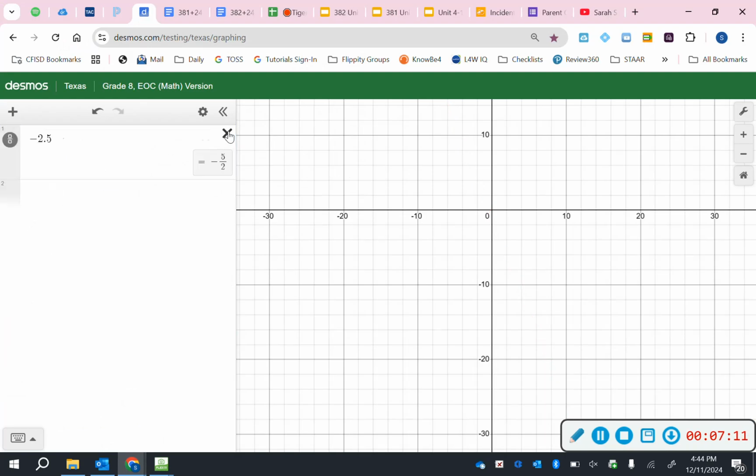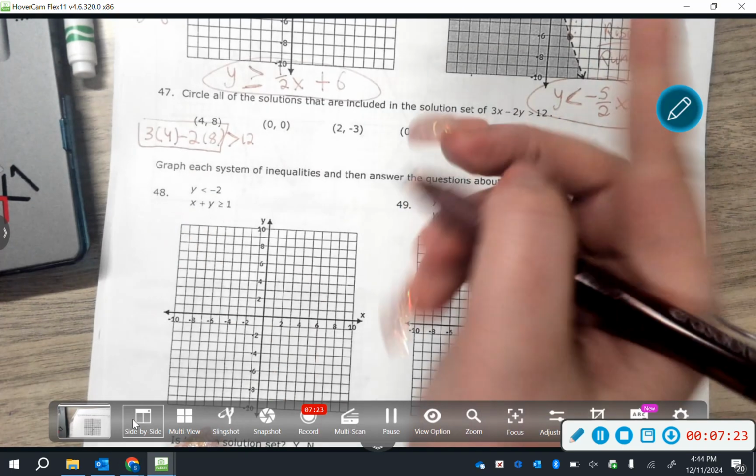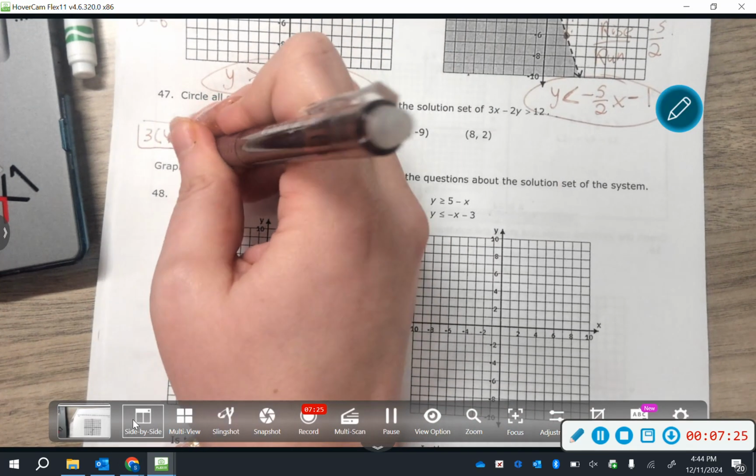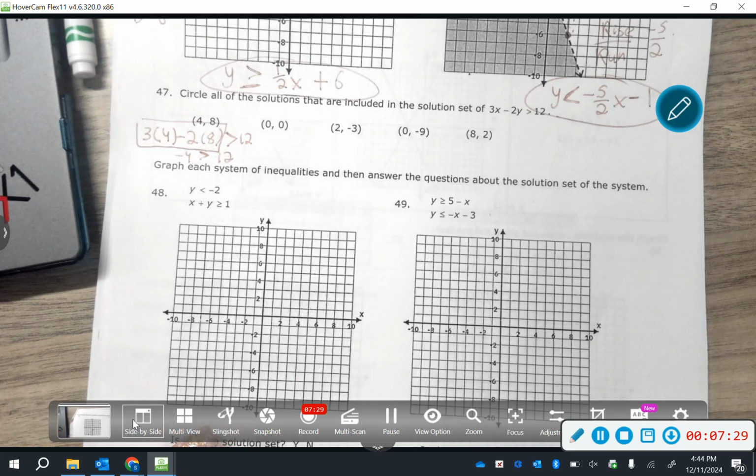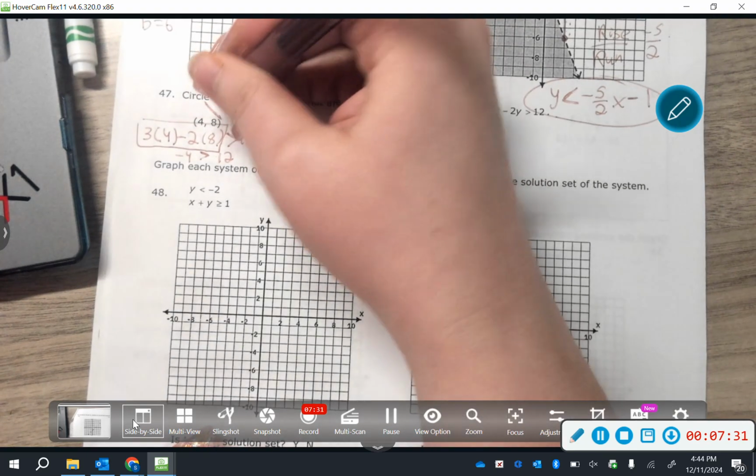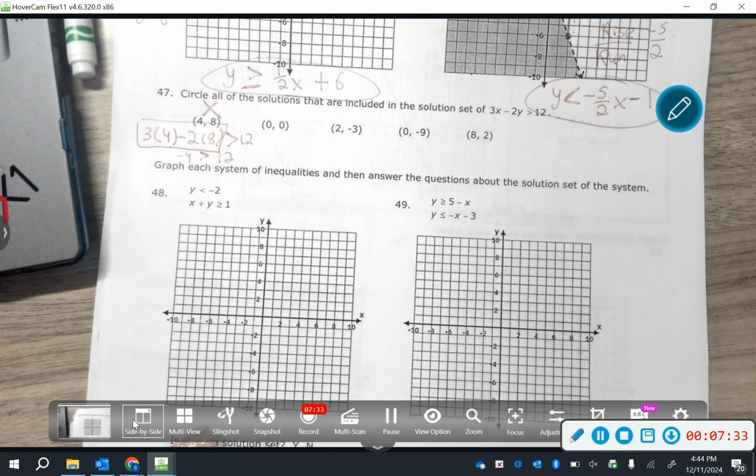So it's 3 parentheses 4 minus 2 parentheses 8. I got -4. So I have -4 is greater than 12. Is -4 greater than 12? No. So that won't work.